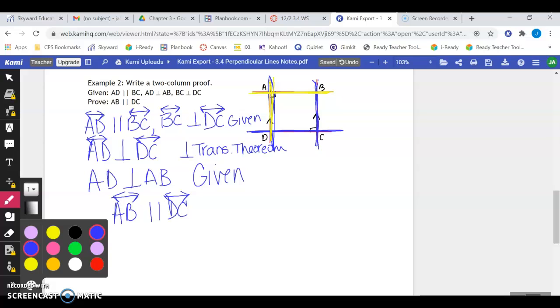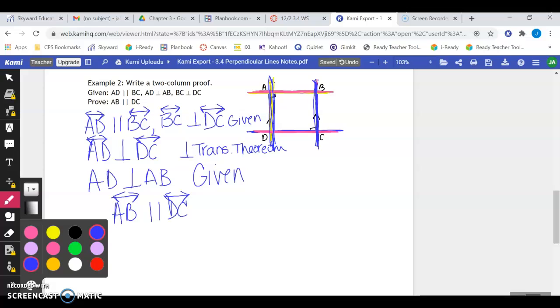So AB is parallel to DC. So the top and the bottom are parallel because we have proved that AD and BC are both perpendicular to DC. And if AB and DC are parallel, then they have to be perpendicular to AD and BC as well.